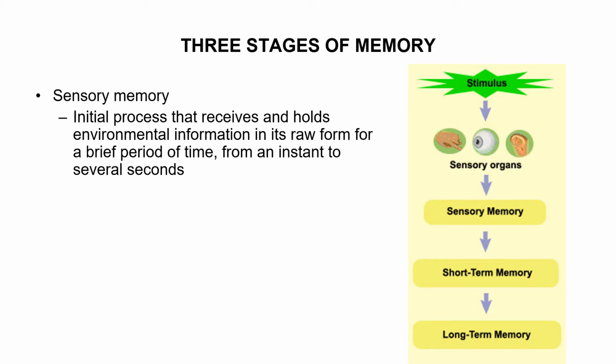This is how now the senses actually have a memory capacity built into them. When you see something in your vision, it stays in your vision for a brief period of time. It's not immediately lost. It can be from instantaneous to several seconds, but it's why, if you look at a clock, sometimes the seconds hand seems like it'll stay on the second for longer.